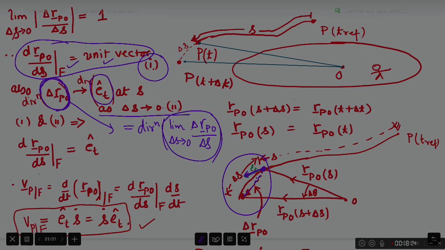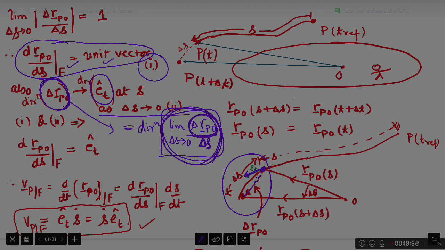Why? Because these two vectors, the delta RPO vector and the whole vector, differ only in terms of a scalar which is being used to divide delta RPO. Delta S is the scalar. So whatever direction delta RPO will take, the same direction the entire vector delta RPO by delta S will take.